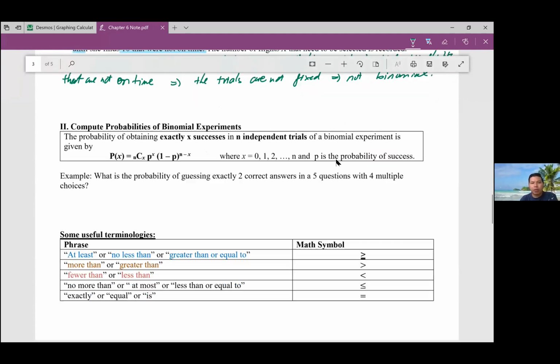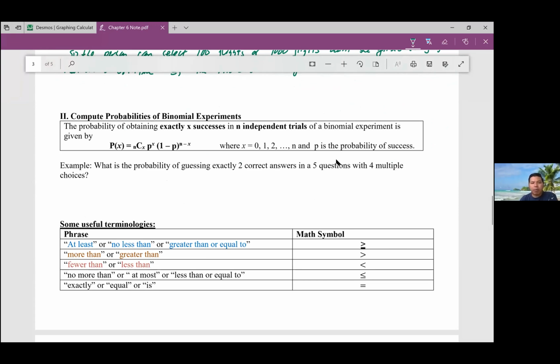To find the probability of obtaining exactly x successes in n independent trials, say you want the probability of getting 5 correct questions or 10 correct questions on a multiple choice test, this is how we do it.